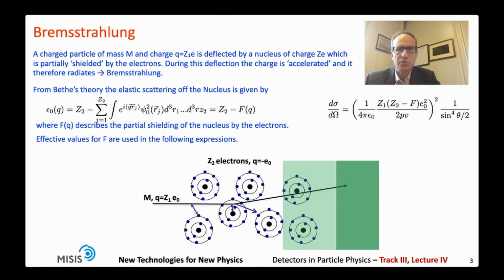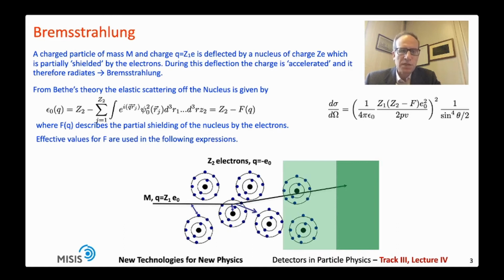So your detector will detect the energy released by the particle, and it will then convert this energy release into a signal, and from this signal one has then to come back to the original energy of the particle.